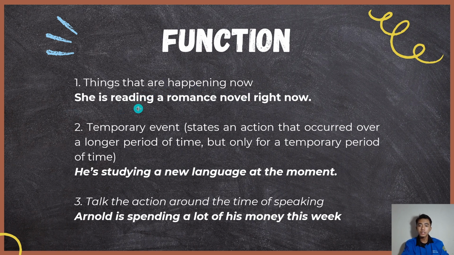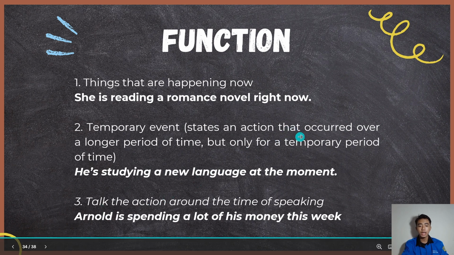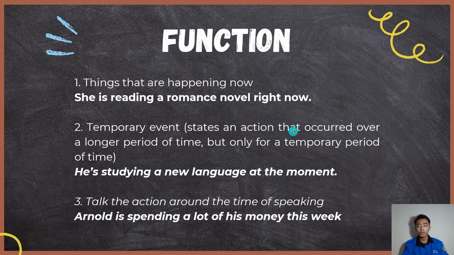Example, she is reading a romance novel right now. And then second, temporary event states an action that occurs over a longer period of time, but only for a temporary period of time. He is studying a new language at the moment. And third, the action around the time of speaking. Arnold is spending a lot of his money this week.